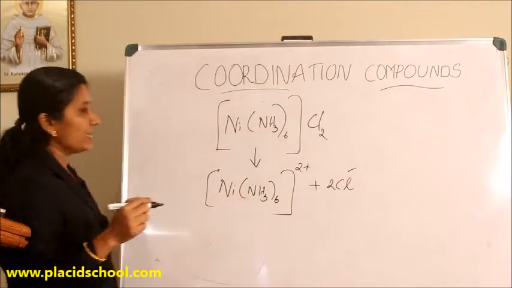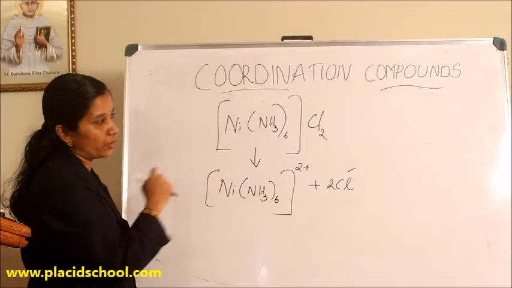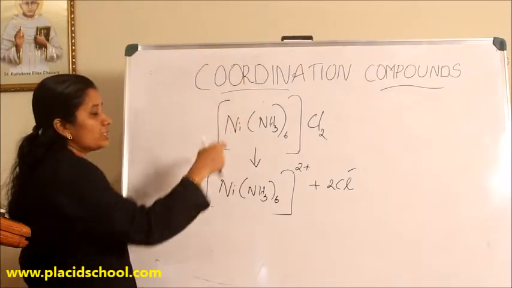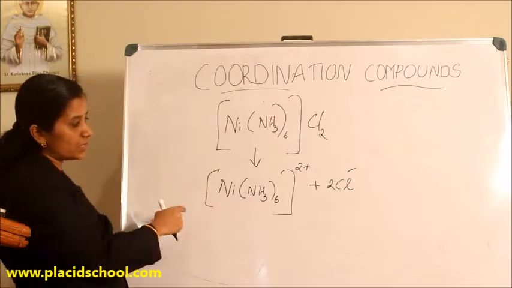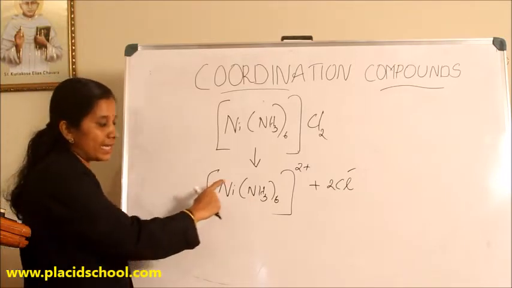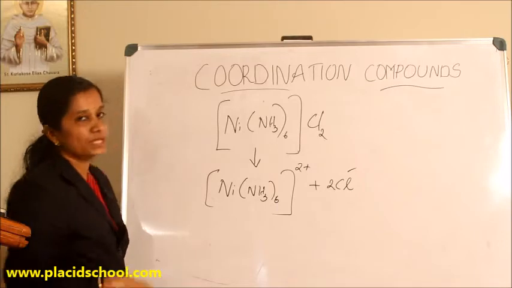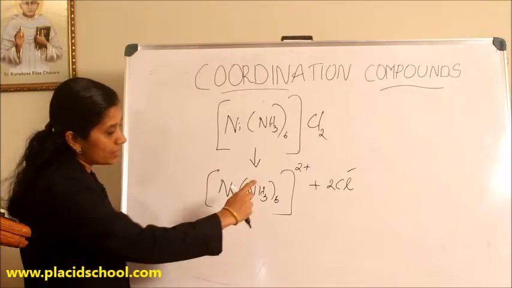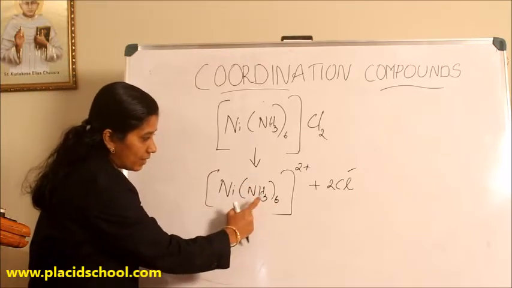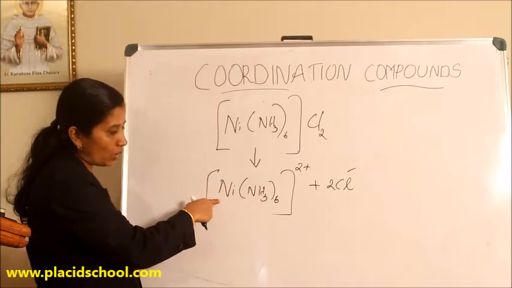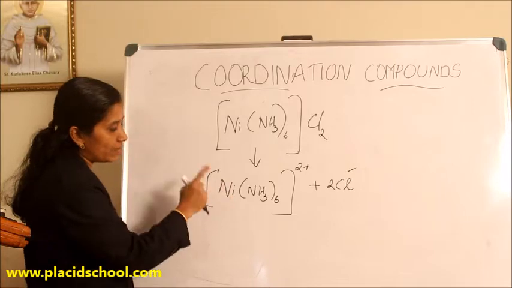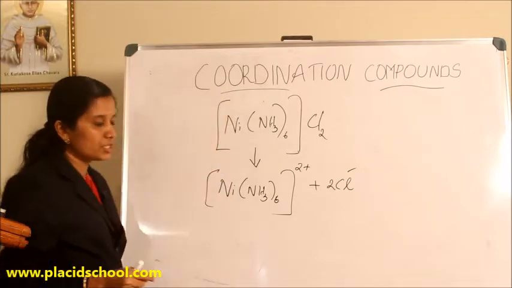Here we get a complex ion. So that is why this coordination compound is also called complex compound, or in other words we can say that compound containing complex ion is called complex compound. Again, the species are attached to this central metal atom or ion through coordinate bond, that is why this compound is called coordination compound.